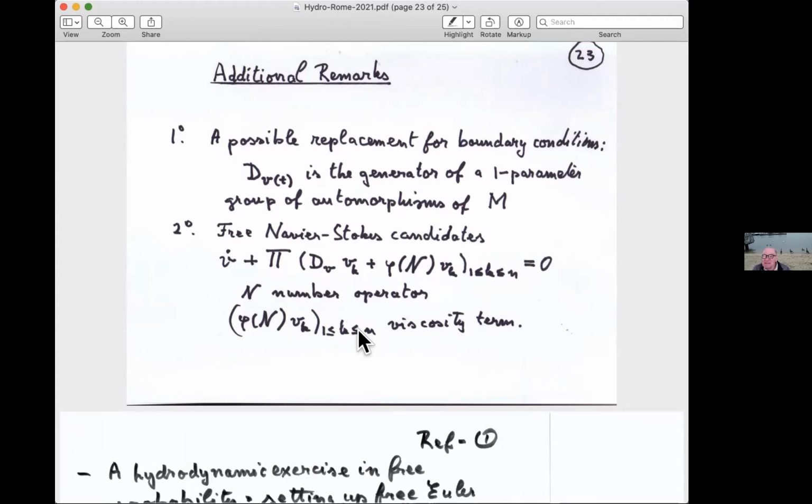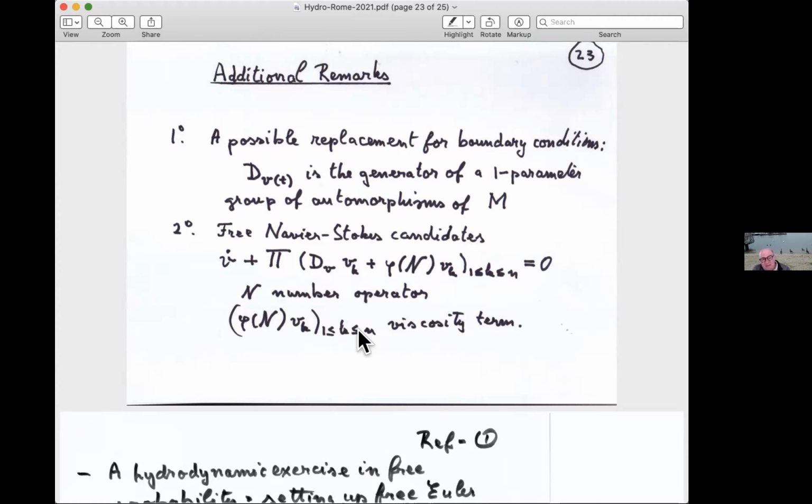These derivations are infinitesimal generators of one-parameter groups of automorphisms. That's the replacement of the boundary conditions.